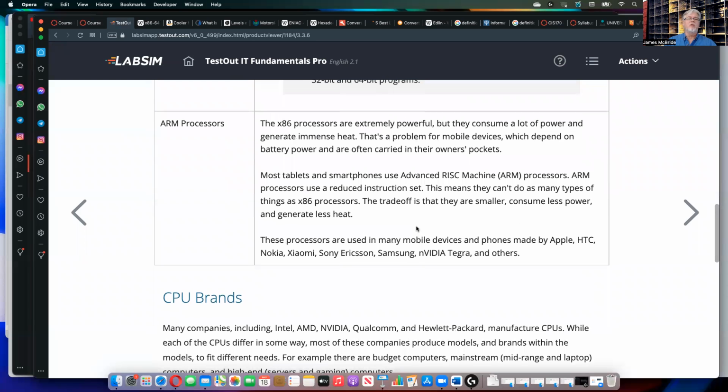The other things that are out there are ARM processors, and if you're in the 100 class, then you either have gotten there or won't have gotten there yet. But we talk about what those ARM processors are, and the fact that most phones these days are using advanced RISC machines, or ARM processors. They use less power, they're smaller, they generate less heat, and they're used by all these companies.